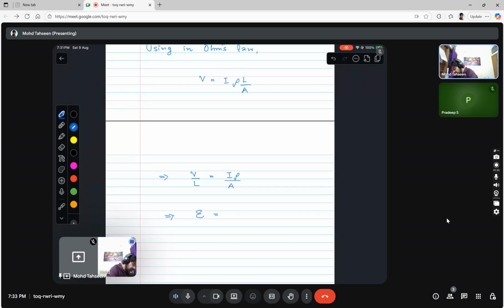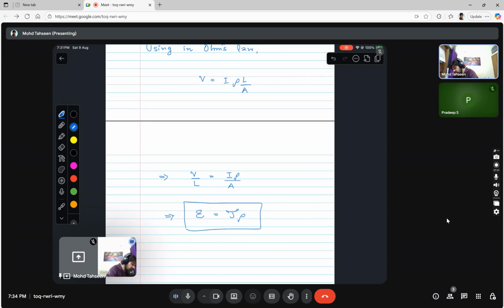Now this factor I by A means the current flowing through a unit area of the cross section, and this quantity is called current density, represented by J. This is actually a vector quantity, but since we are talking only of one dimension here, it will be a scalar quantity for our purposes. And then rho is resistivity.